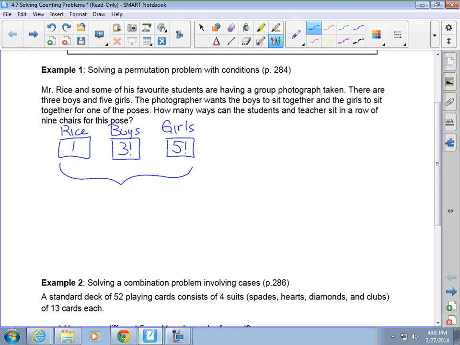Altogether, though, besides that, we also have the fact that we could switch these around as Rice, boys, girls, Rice, girls, boys, boys, Rice, girls, girls, Rice, boys, and so on, girls, boys, Rice. So we can arrange those in 3 factorial ways.